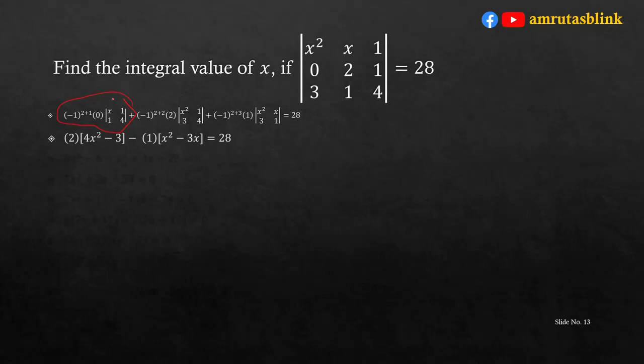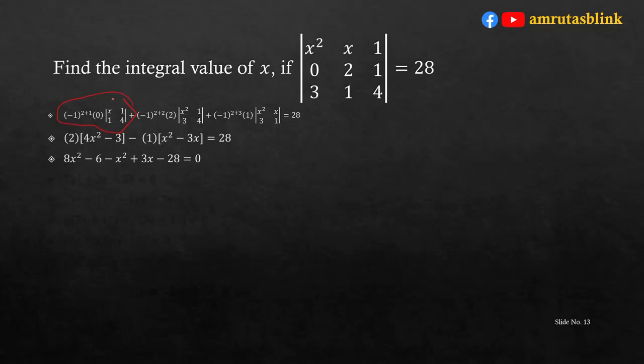Now, minus 1 raised to 2 plus 2 is plus 1, hence 2 into x square into 4 is 4x square minus 3, then minus 1 raised to 2 plus 3 is minus 1, hence minus 1 into bracket x square into 1 is x square minus 3x is equal to 28.